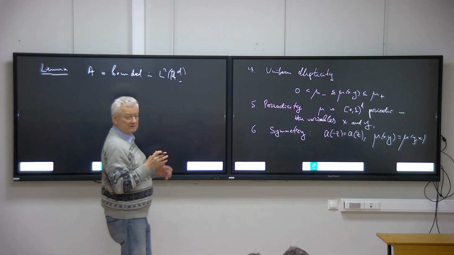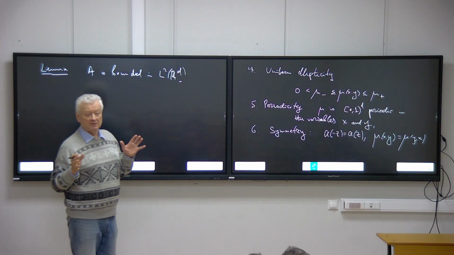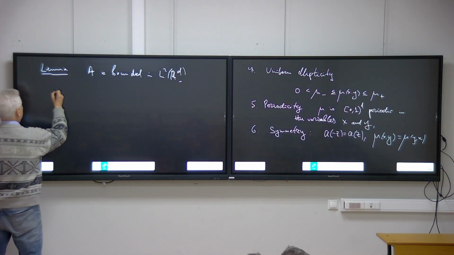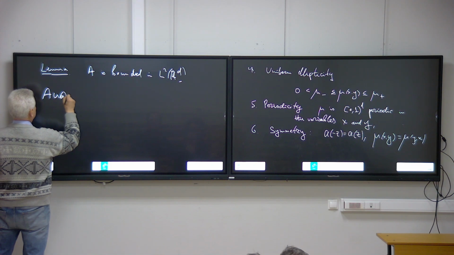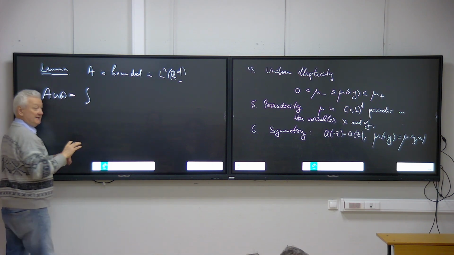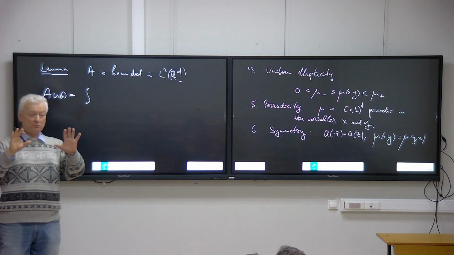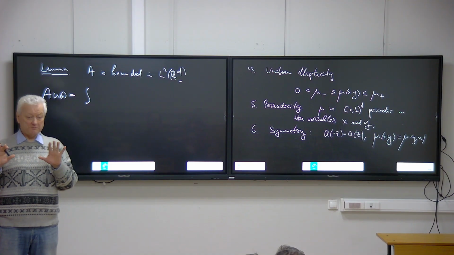Well, let me explain why. Let me remind you that A u of x is equal to the integral of a of x minus y mu of x y, u of y minus u of x.